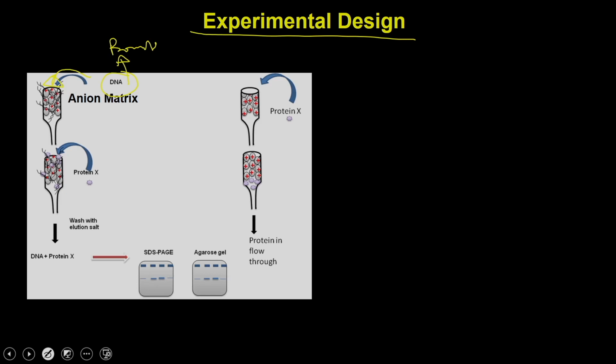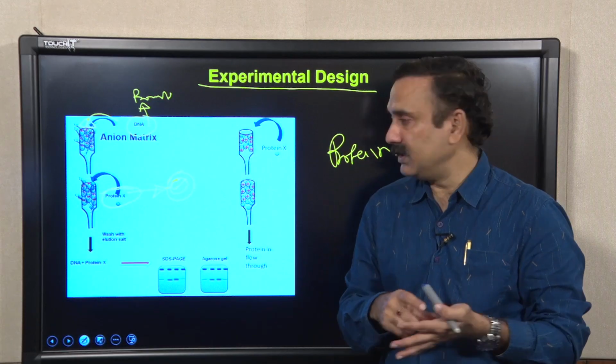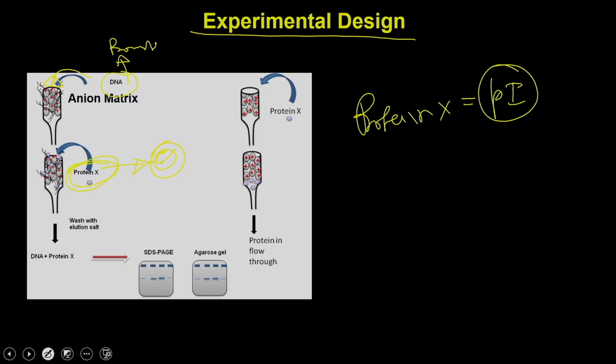Then you put in the protein X in such a way that protein X has zero charge. Which means you have to add protein X at its pI value, so that it has a net zero charge, because it is very important that protein X should not bind to the column directly.